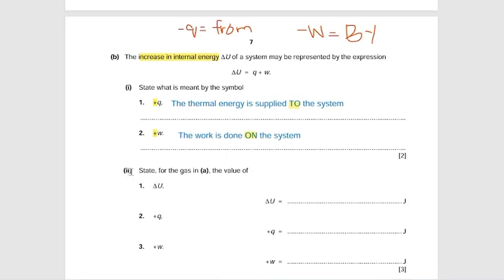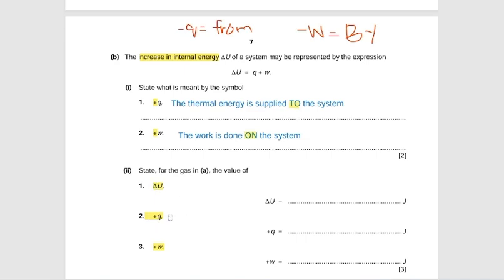Now we have the second part. State for the gas in A the value of this, and this. They have given us the equation, how these three are related. Okay, let's look at these two first, because once these two are solved, you can automatically find the internal energy.